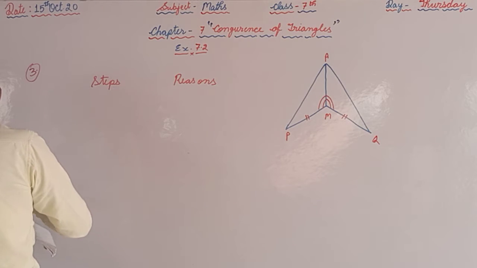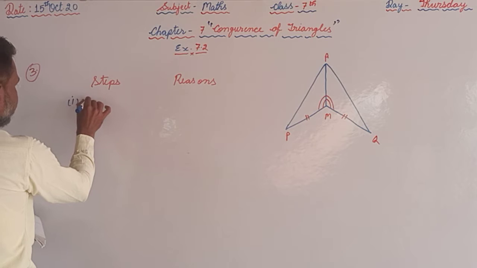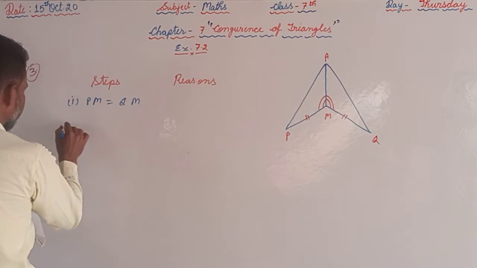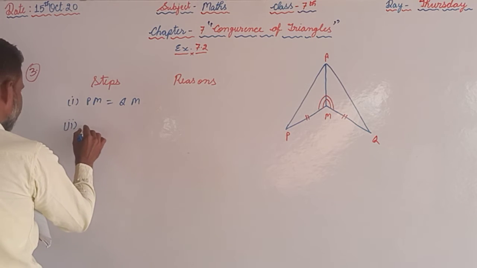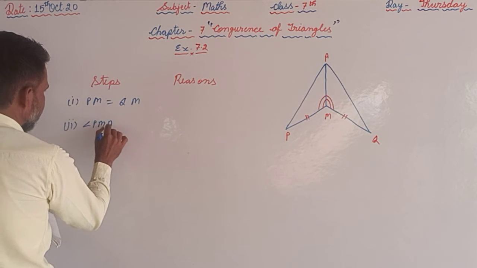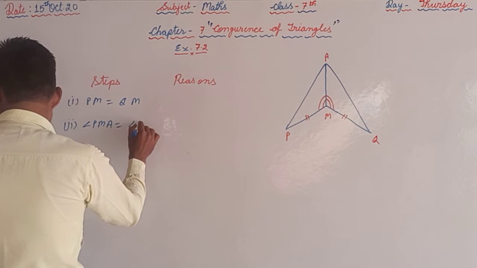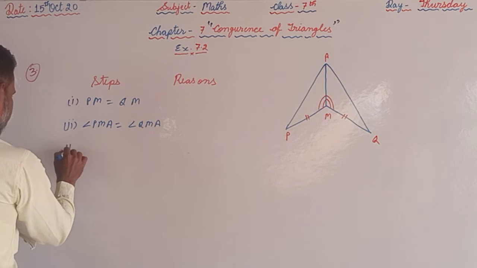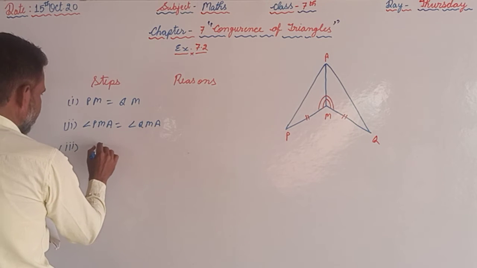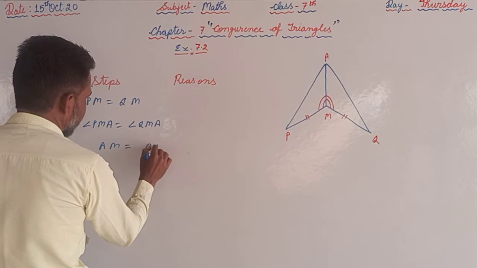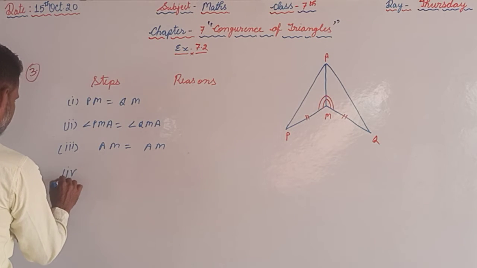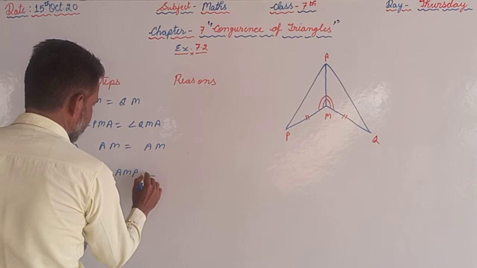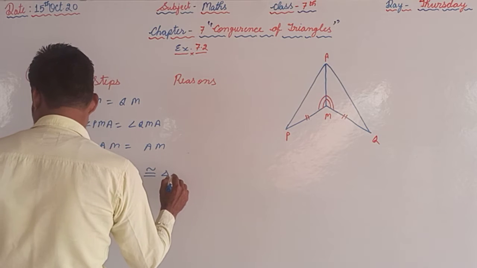So the first step is PM is equal to QM, and the second one is angle PMA is equal to angle QMA, and the third one AM is equal to AM, and the fourth one triangle AMP is congruent to triangle AMQ.